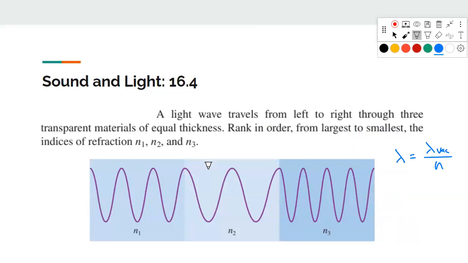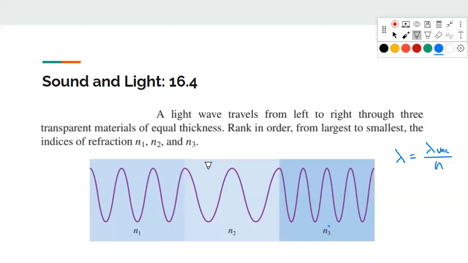So which of these materials has the largest index of refraction? If n is bigger in this formula, what happens to lambda? Good, it gets smaller.